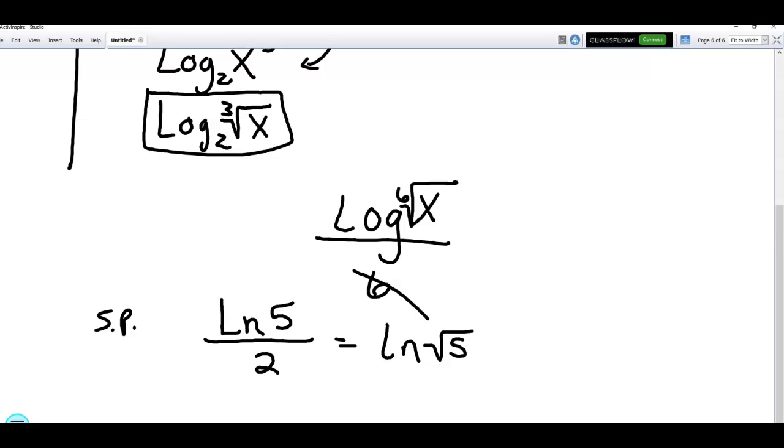All other roots, you do put a number there, but with square roots, you don't have to, so it probably wouldn't be there on the test. But technically, there is a 2 there. I also want you guys to understand this is property C. It's just a really weird version of property C, but it's property C because the long way shows us you're really taking a number in the front and making it a power.